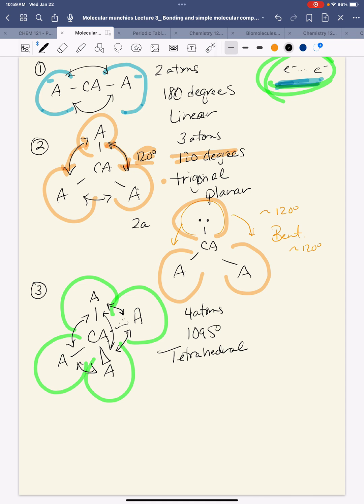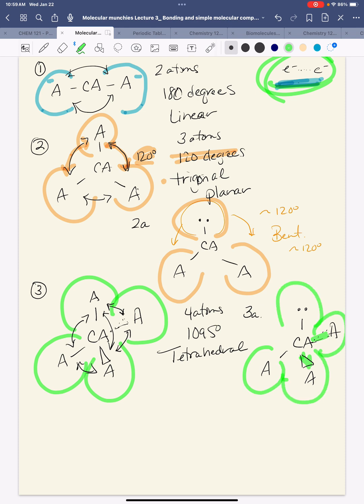All right, there are 2 subsets of this. I'm going to call one 3A. We can have a central atom, a lone pair, another atom. And remember, these triangles are showing you basically the 3 dimensions, this one coming out at you and this one going back into the plane. Again, we have these electrons that repel each other, and so they still are going to push down.